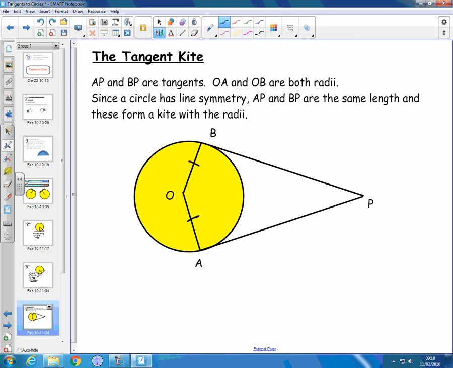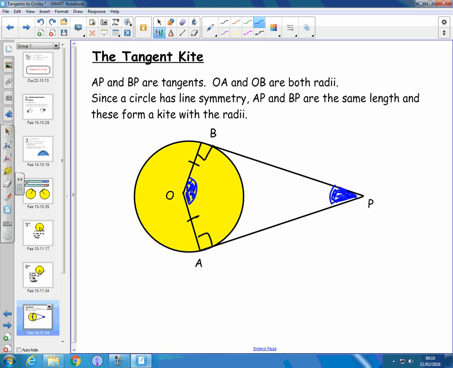That means AP and BP are both the same size, and what we know is the radius meets a right angle, so we can add these in here. Now, I'm just going to get a different colour, and I'm going to shade in these 2 angles that are remaining. Now, because the kite is a quadrilateral, we know that its angles add up to 360 degrees, and we know the angle OAP and OBP are right angles.